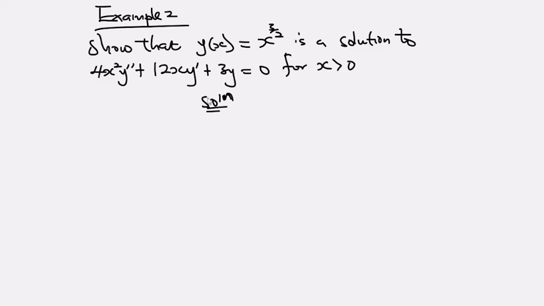So when we find our y prime and y prime prime out of this equation, and we substitute them into this differential equation, the result should give us 0. So once the result is equal to 0, then it means that y of x equals x exponent, sorry, this is negative 3 on 2, is a solution to the ordinary differential equation, right?